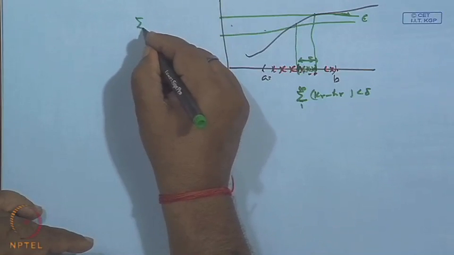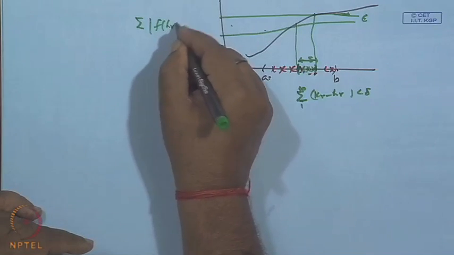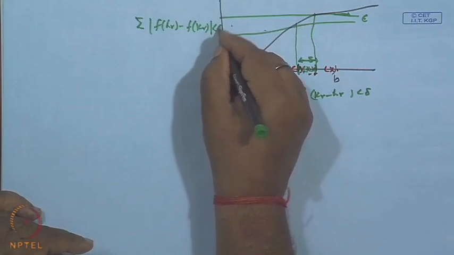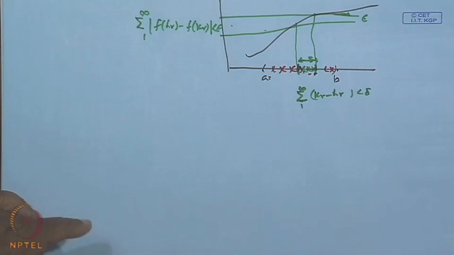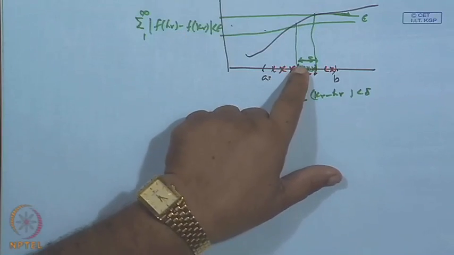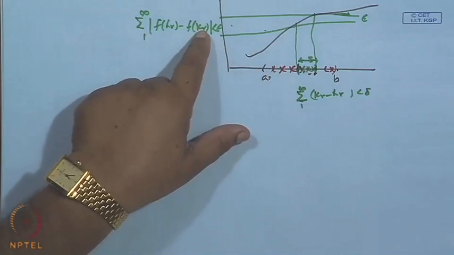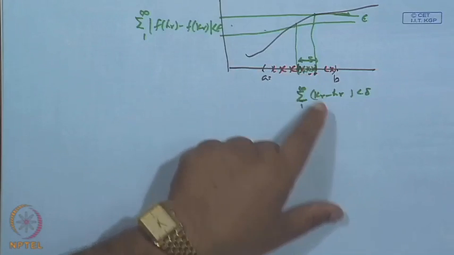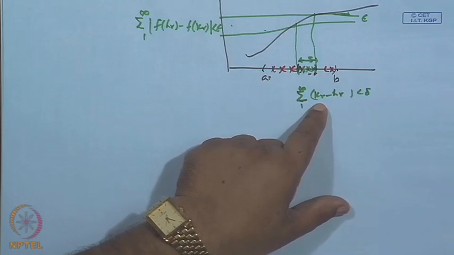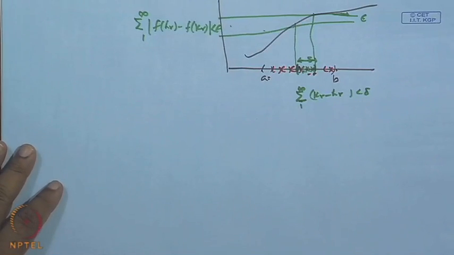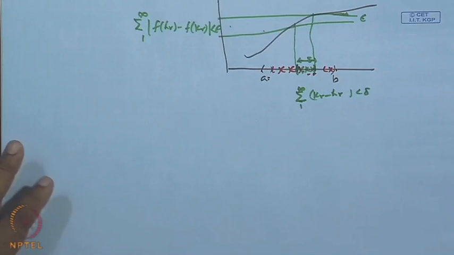That is, sigma of mod f of h r minus f of k r should be less than epsilon, r from 1 to infinity. If so, then the function is said to be an absolutely continuous function.